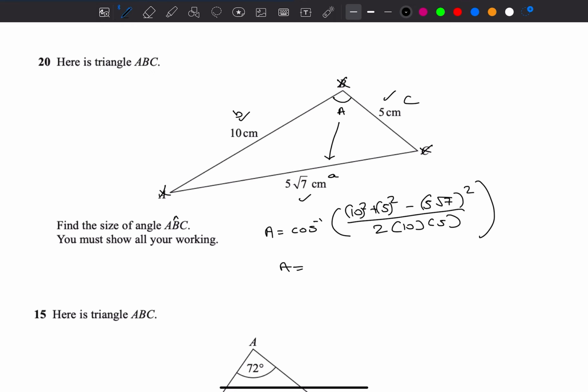Sine rule you don't need, you will remember. Cosine rule, always write the formula for the side and also the angle. Make sure you put the brackets in properly. Which will give you 120 degrees.